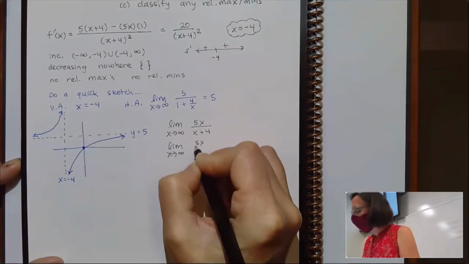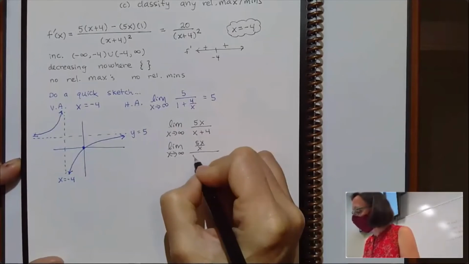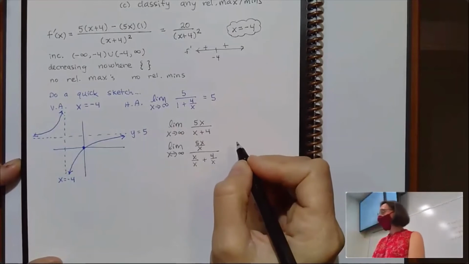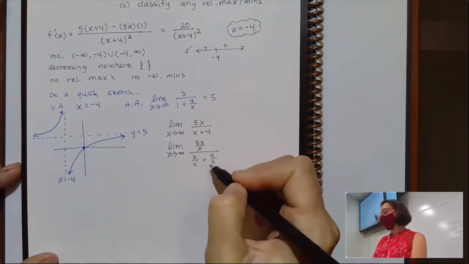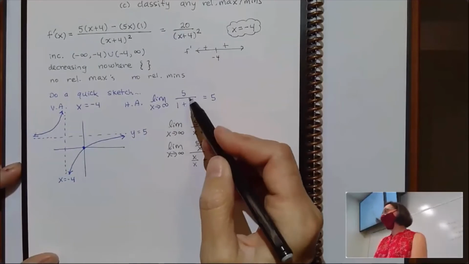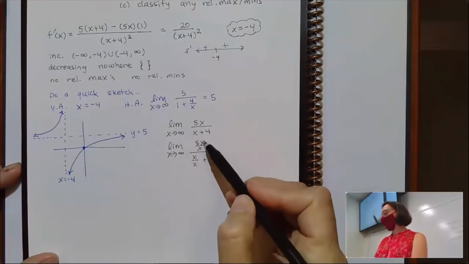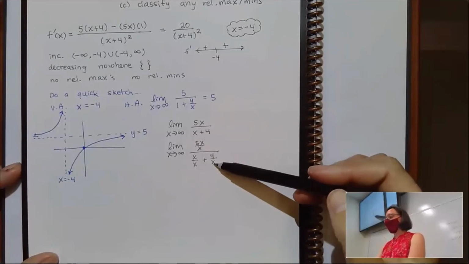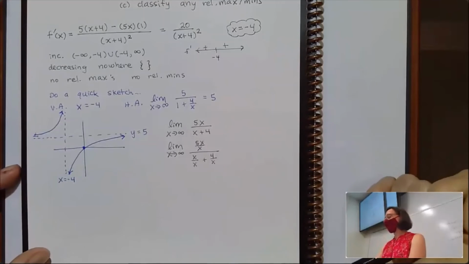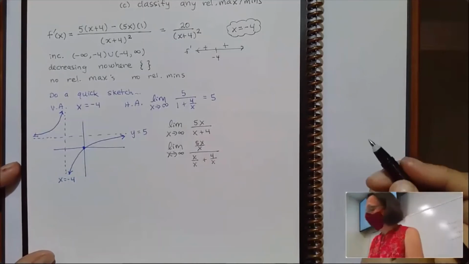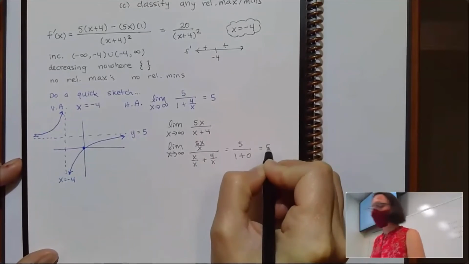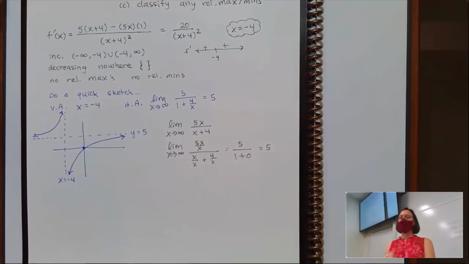By the way, the book also tells us that we can just look at the largest powers of x. But if I divide by the largest powers of x, I'm going to get to this limit. Those x's cancel, that turns into a 1. And then 4 divided by a bajillion goes to 0. So this turns into 5 over 1 plus 0. Yep, no problem.